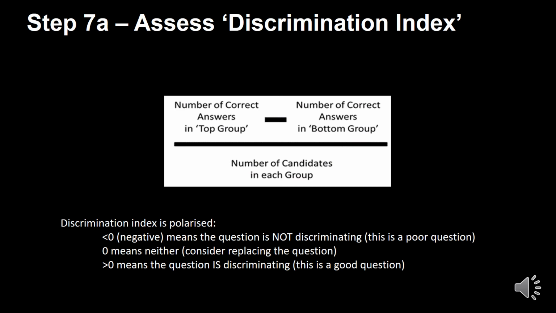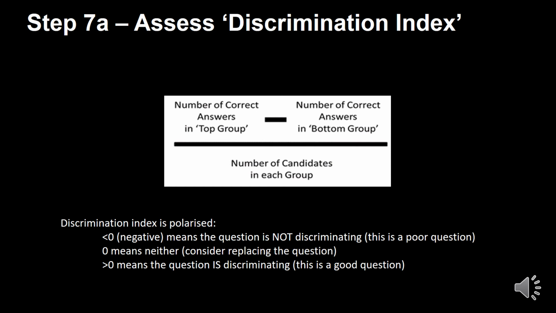But just something about the discrimination index first. This is basically a polarization index. So if the output that we get from our formula is negative, it means that the question is not discriminating. It's a poor question. It means that the weaker students may or may not perform better than the better students.